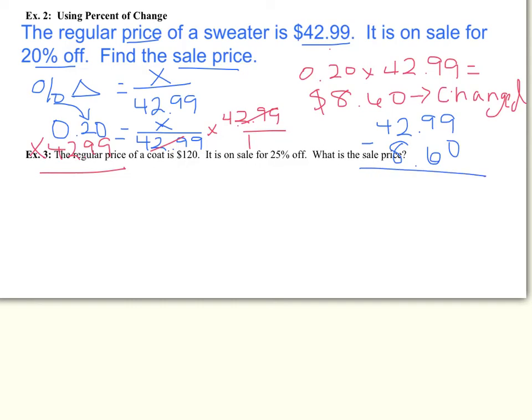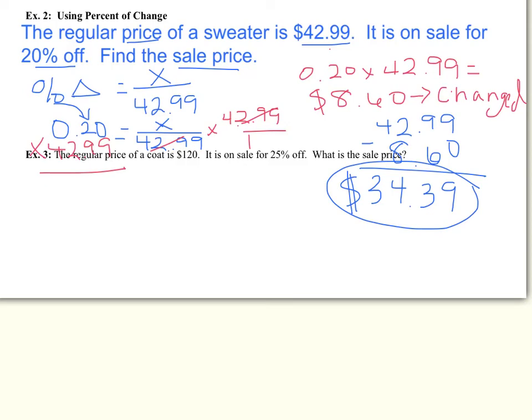So subtracting 42.99 minus 8.60. So $42.99 was the original price, and we are going to pay $34.99.